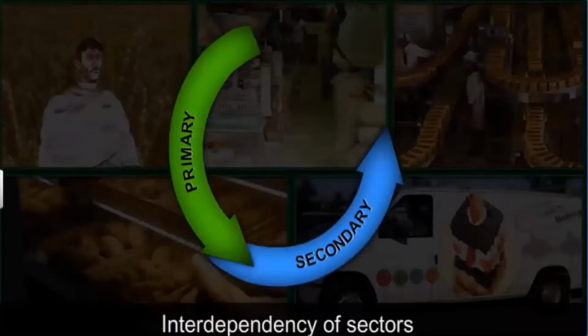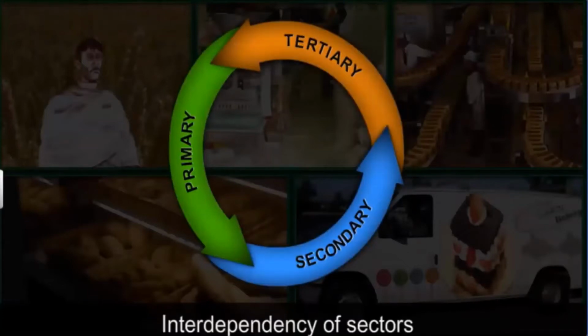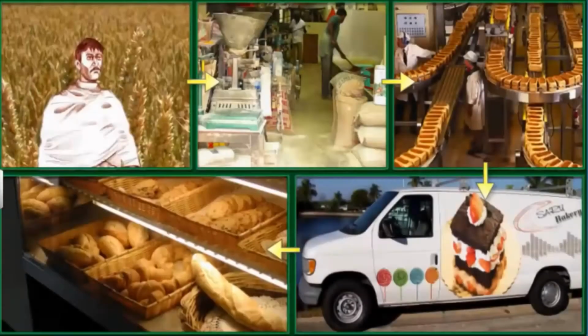Though the activities of the primary, secondary, and tertiary sectors appear quite different, they are interdependent on each other. Let us understand the interdependency of different sectors through the example we used earlier.